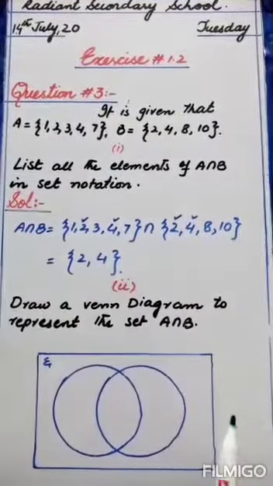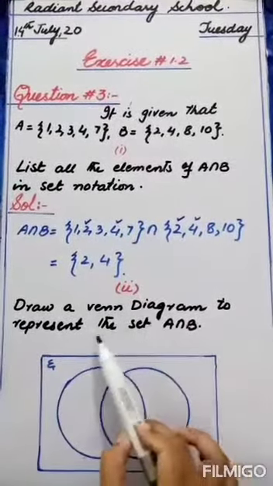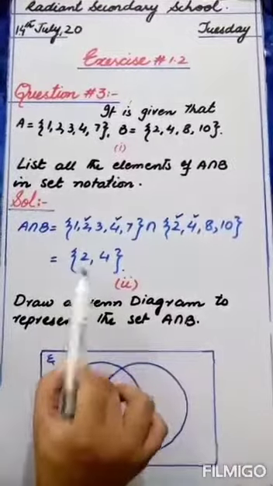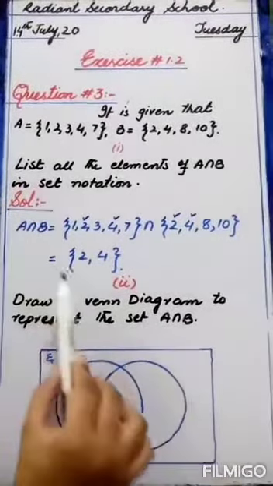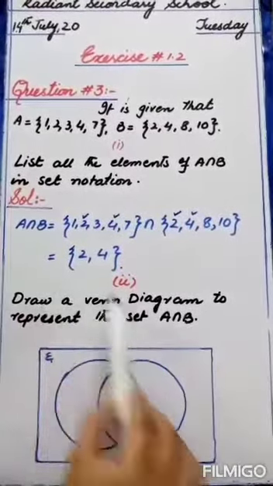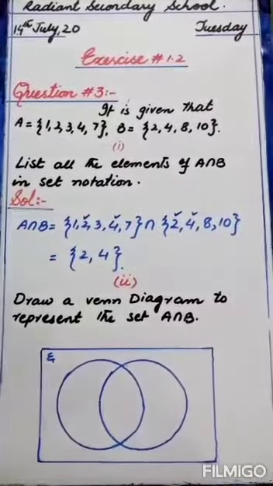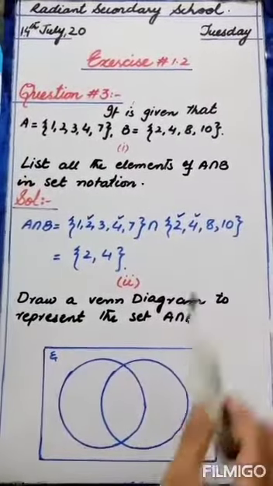Okay students, now part number 2 is there. In part number 2 we have to draw the Venn diagram to represent the set A intersection B. We have taken A intersection B, and now we have to draw the diagram of this set. First of all, as I have told you, you have to check which type of case this is.